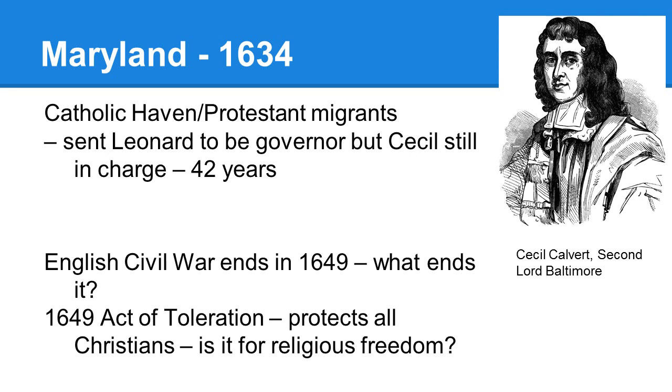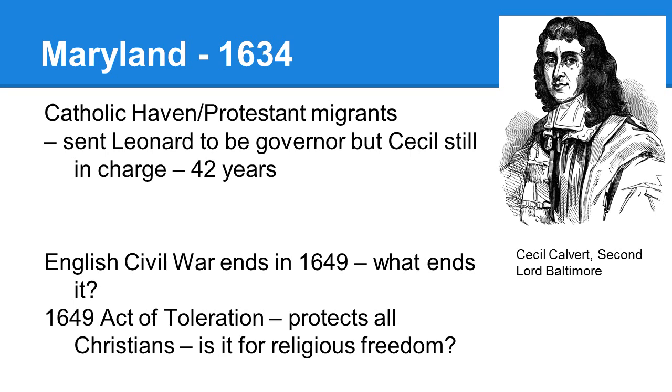Okay, so back in England, we've got the English Civil War that is going on. It's going to finally end in 1649. You know what ends it? That is when Oliver Cromwell kidnaps basically Charles I and has him beheaded, because Charles had dissolved Parliament. So England is changing.